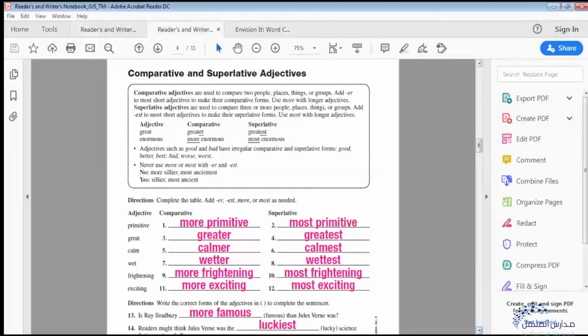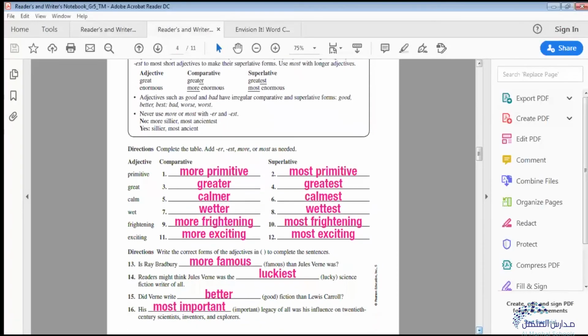So, primitive becomes what? More primitive, superlative, most primitive. Great, comparative, greater, superlative, greatest. Calm, comparative, calmer, superlative, calmest. Wet, comparative, wetter, superlative, wettest.